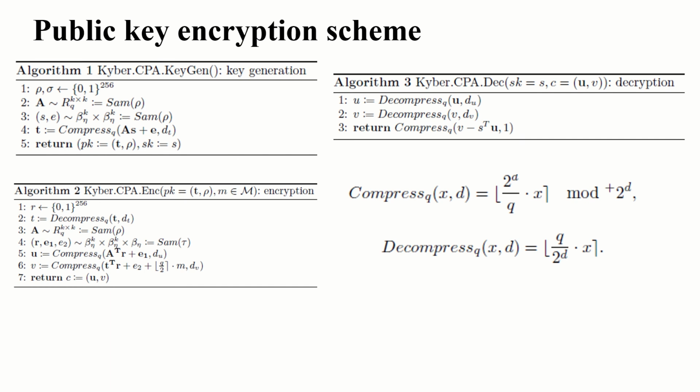Later, in the decryption procedure, the compress_q function is used to decrypt to 1 if v minus s transpose u is closer to rounding q divided by 2 than to 0, and decrypt to a 0 otherwise.